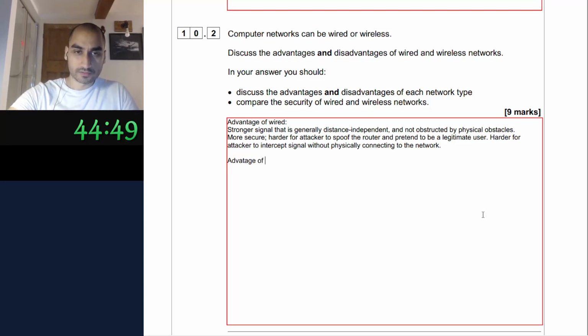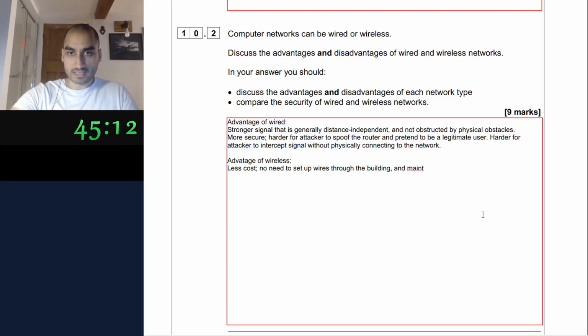Advantage of wireless. Less cost. No need to set up wires through the building and maintain the cables.